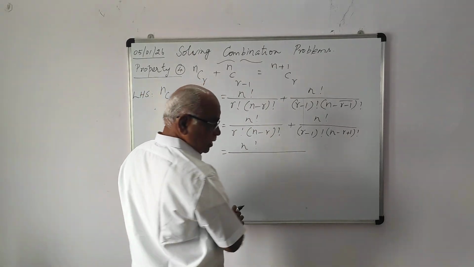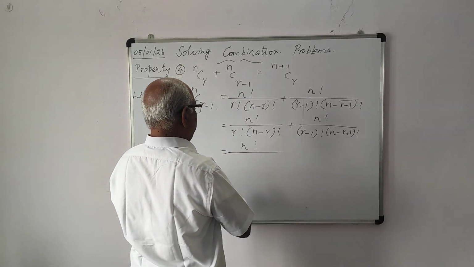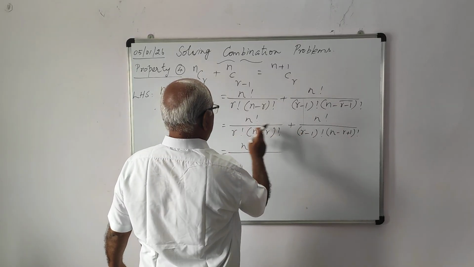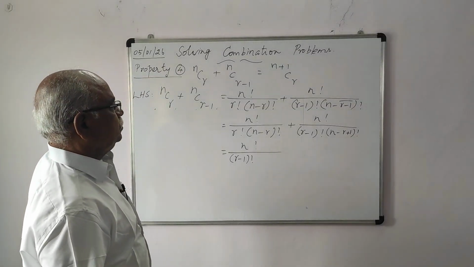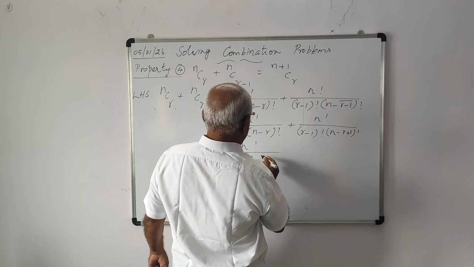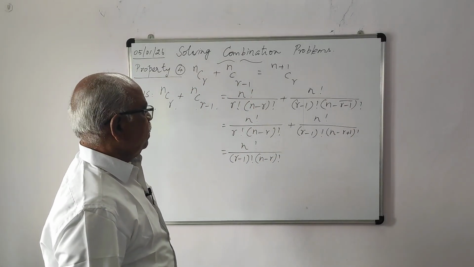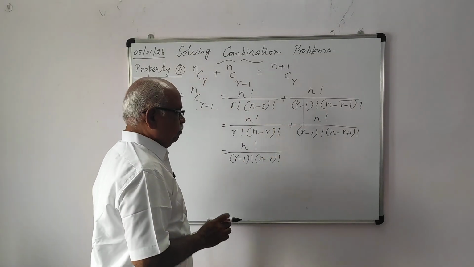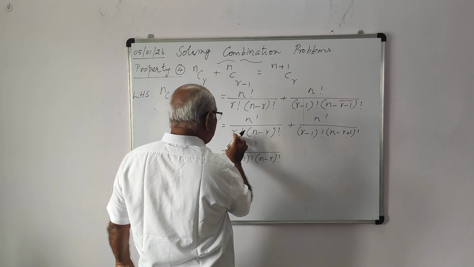In the denominator, out of r factorial and r minus 1 factorial, r minus 1 factorial is common.